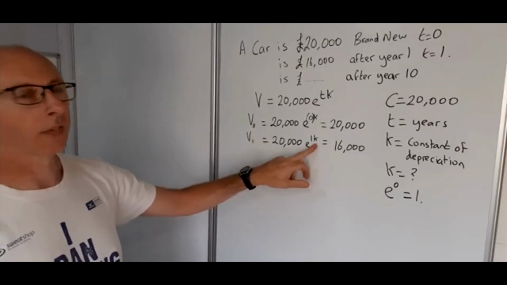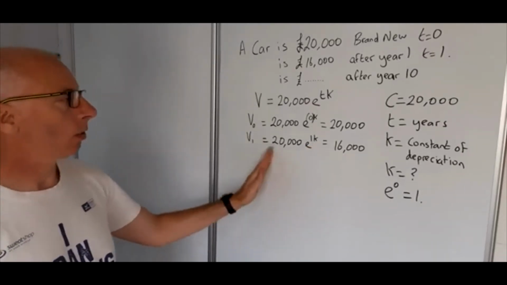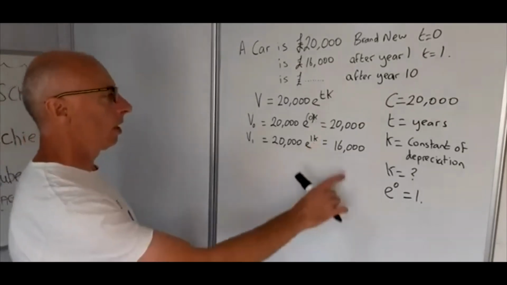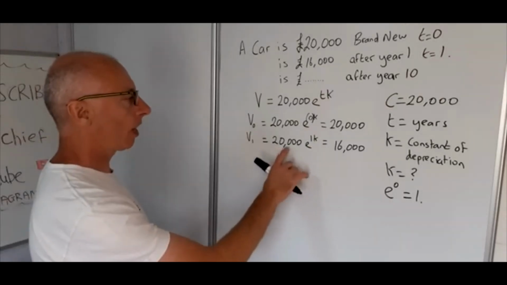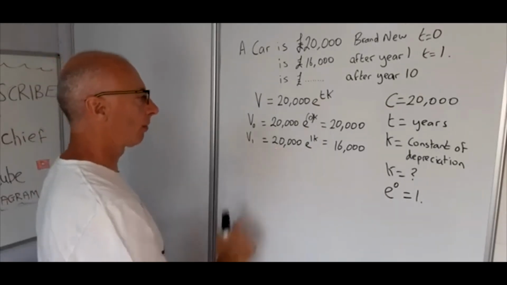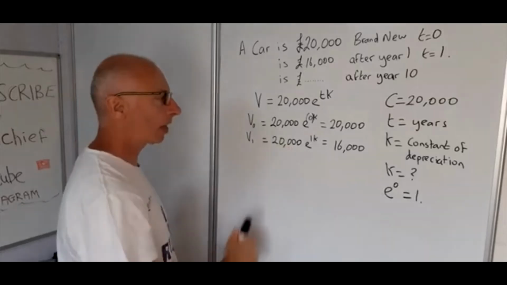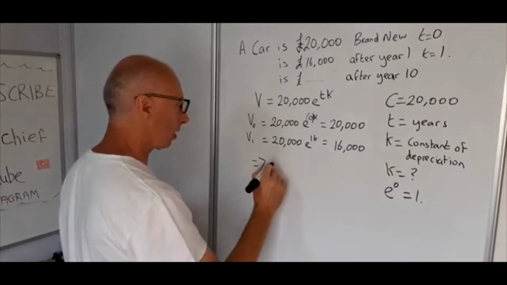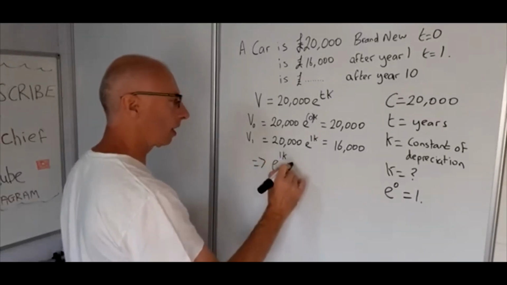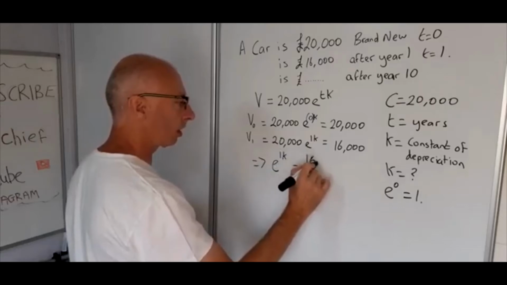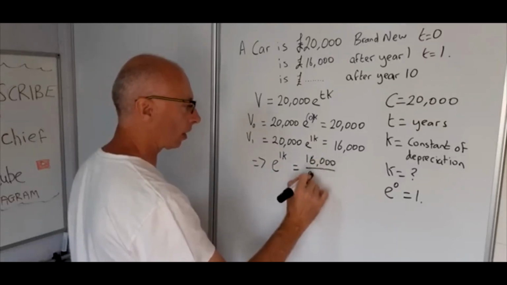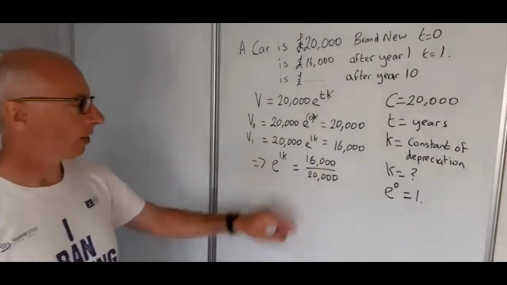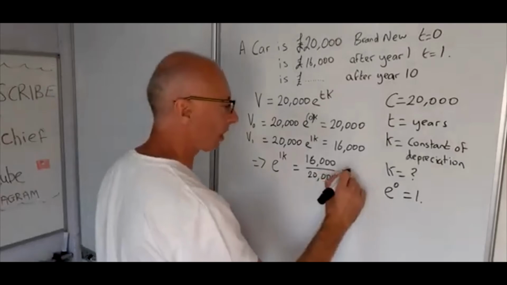What we need to do is to find K. So now maybe we can just do some algebra and isolate this K. First of all, let's divide both sides by 20,000. That way we get this constant out of the way. So E to the 1K equals 16,000 divided by 20,000. Well, we can see straight away that is 4/5.